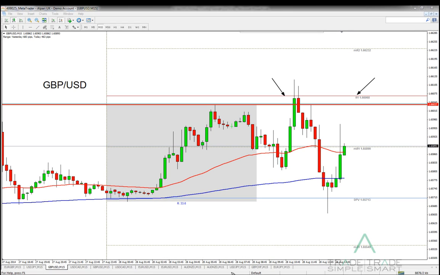So we have a confluence of two technical indicators coming together within a relatively narrow price range. We have the high of the Japanese range at 166.03, and we have the R1 of our pivot points at 166.06.